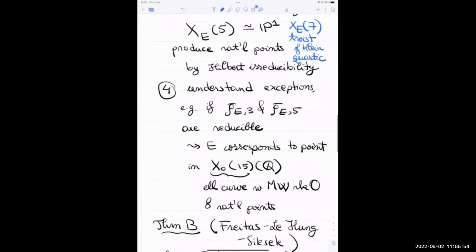So for all exceptions, let me just say that exceptions are classified by curves of genus greater than 1. So by Faltings' theorem, they have finitely many points over that particular real quadratic field.